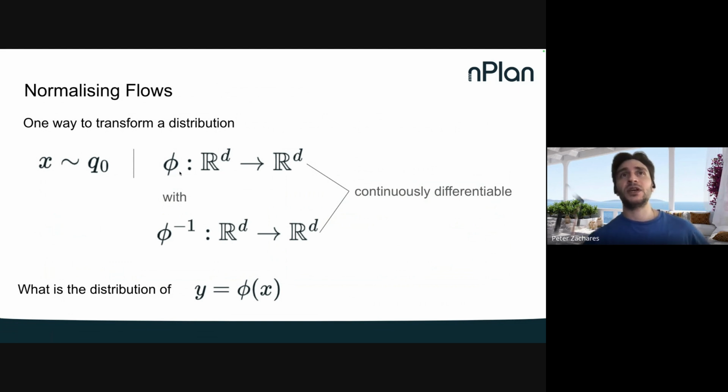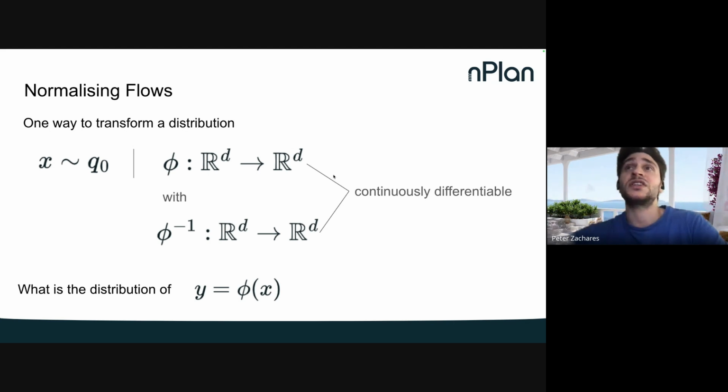Then you have some transformation. If X is a piece of data that has a certain number of dimensions, like for an image that's 64 by 64, it's 64 squared dimensions, then you have a transformation that keeps the dimensionality of your input, going from the same space to itself.